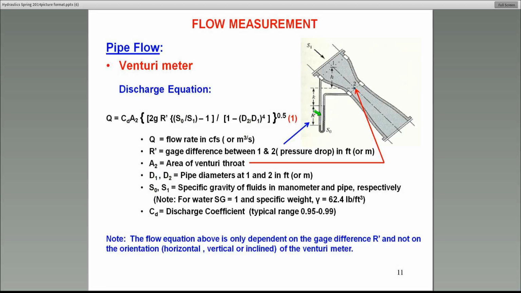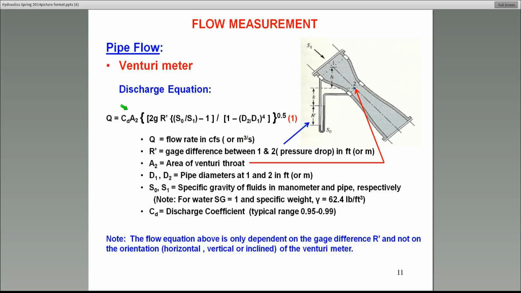I'll show you an example of how to use this rating equation. But there's a question of discharge coefficient. Most venturi meters are pretty efficient in terms of losses, so their CD value is about 0.95 to 0.99. Obviously, a CD of 1 is 100% efficient. That means there are no losses whatsoever. Watch out for this A2 here.